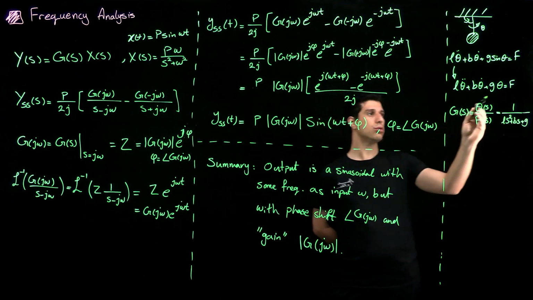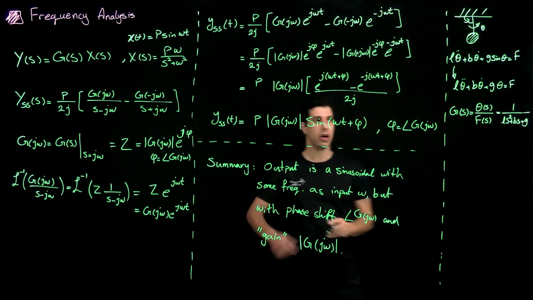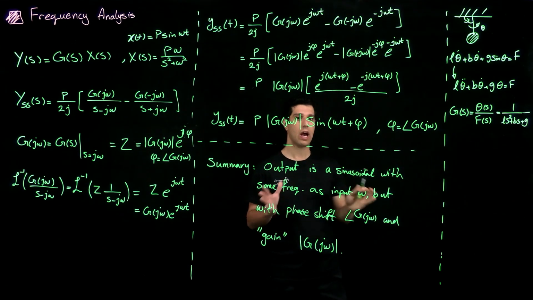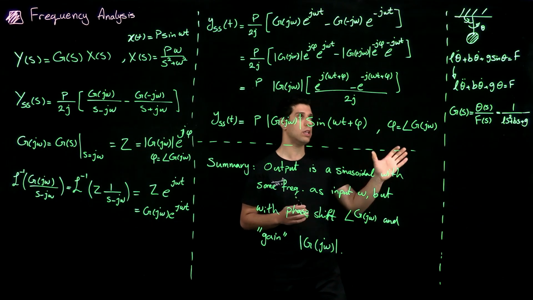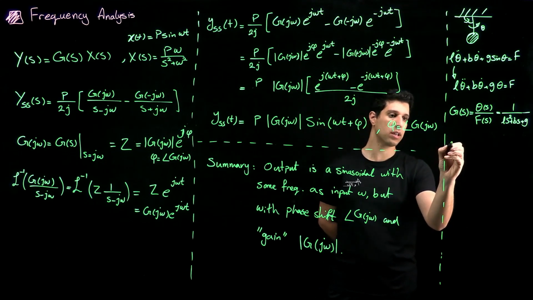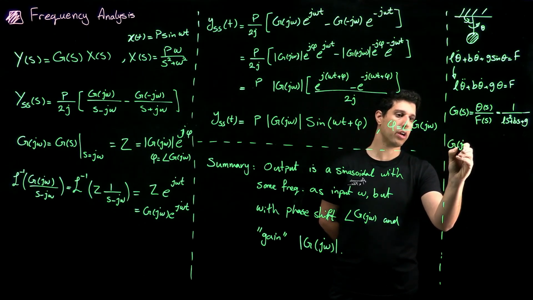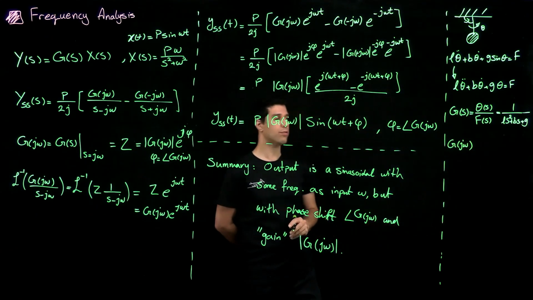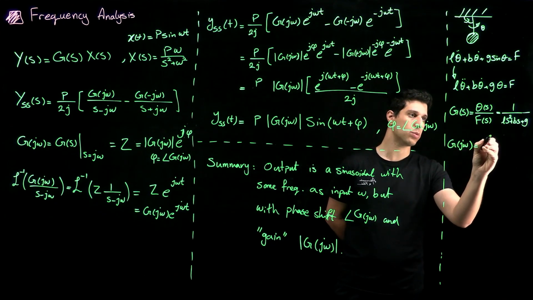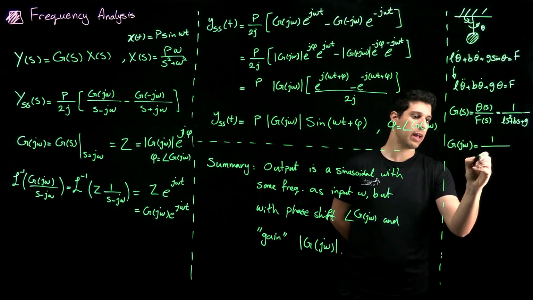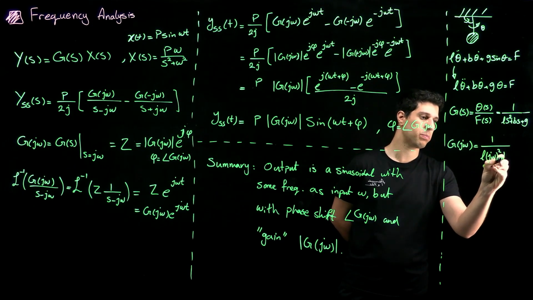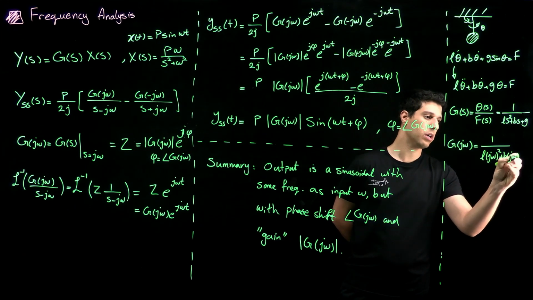Now if my input F is a sinusoid, how does my response, the angle, change? To do that, the first step is to find G of j omega, the sinusoidal transfer function, which is 1 over L j omega squared plus B j omega plus G.